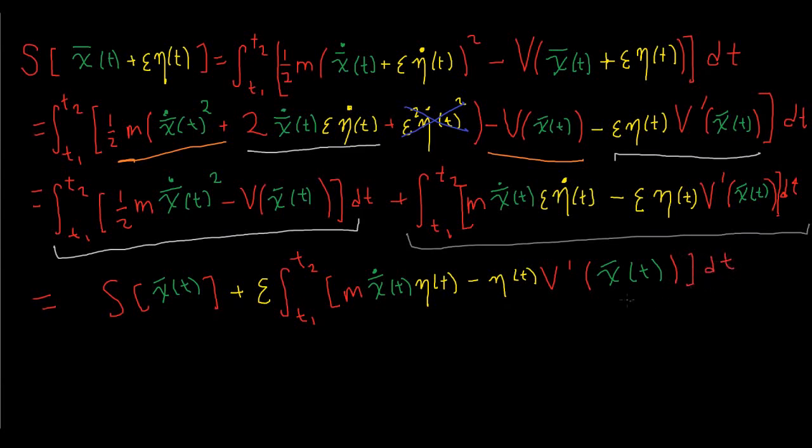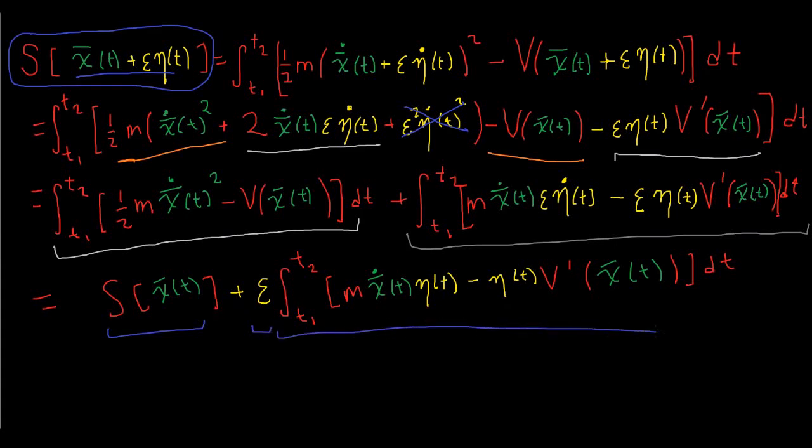So we successfully expanded out. I mean, it's kind of tiring, but it's very cool. We successfully expanded out the action of x bar plus epsilon times eta into S of x bar plus epsilon times some other thing.